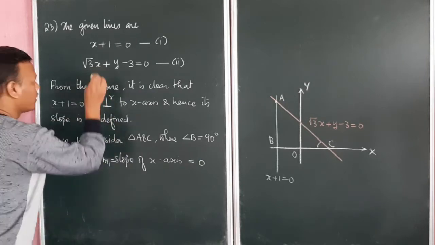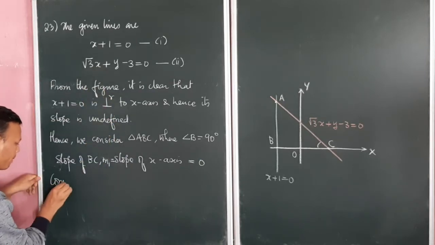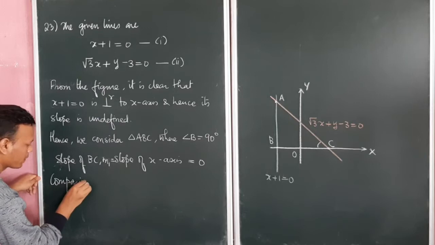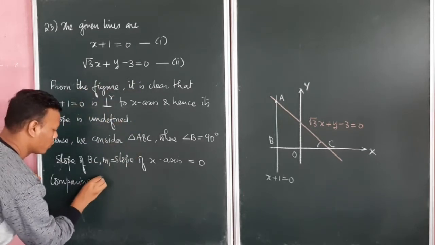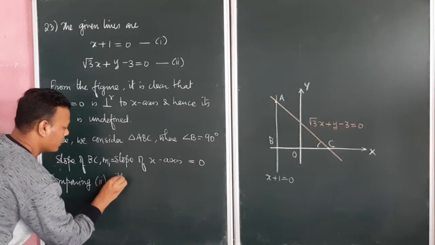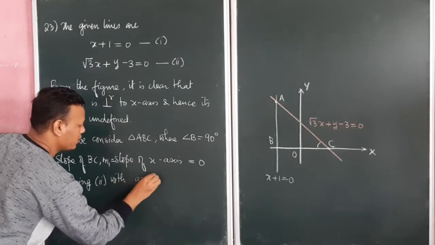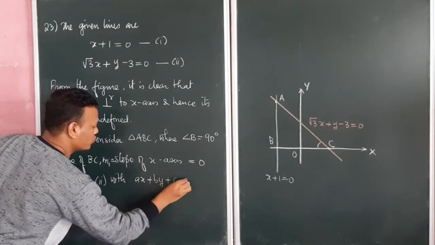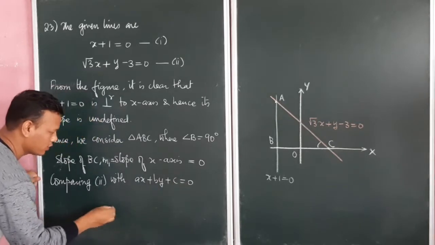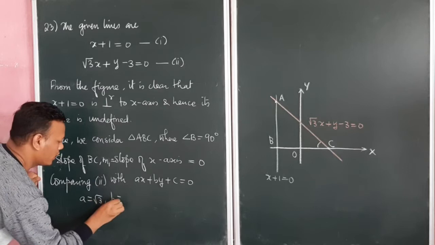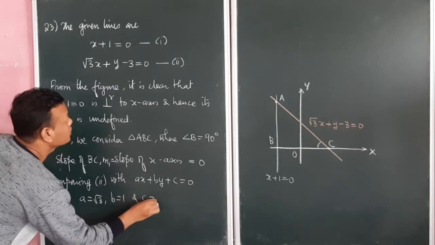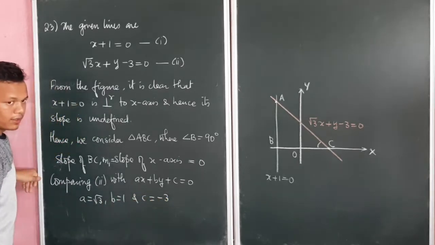Now comparing equation 2 with ax plus by plus c equals to 0, you have already seen this part. So we have a equals to root 3, b equals to 1, and c equals to minus 3, right?